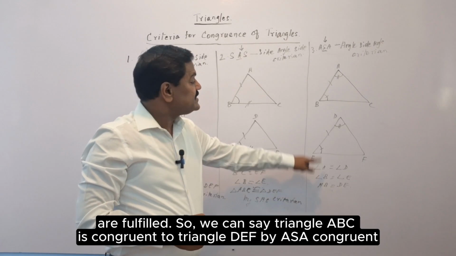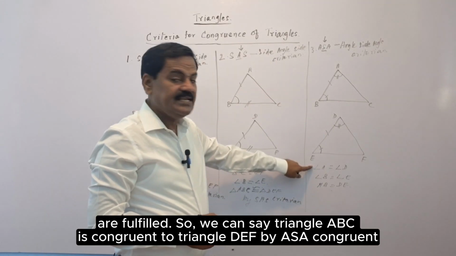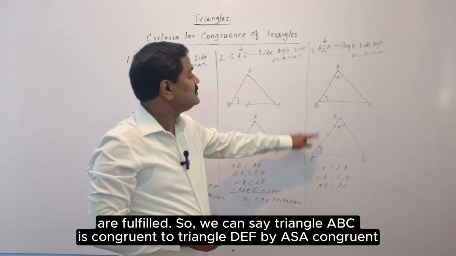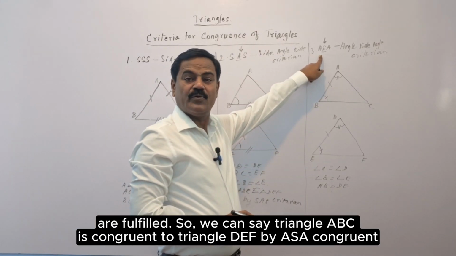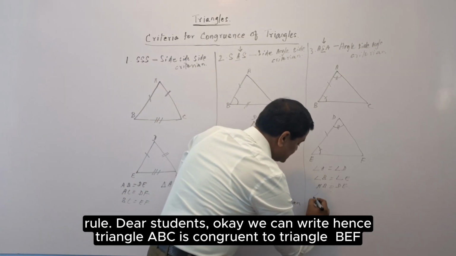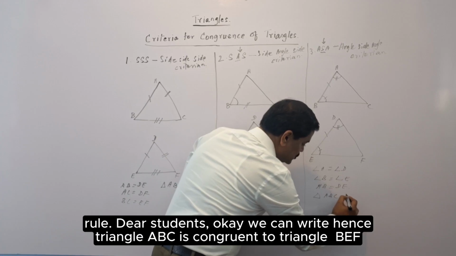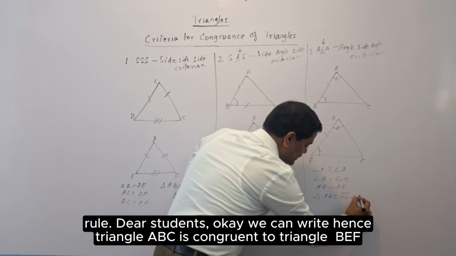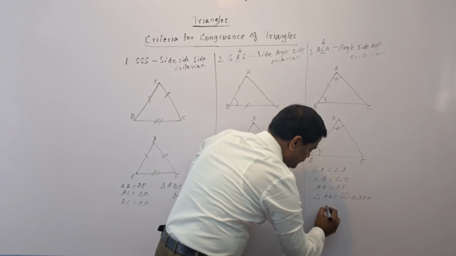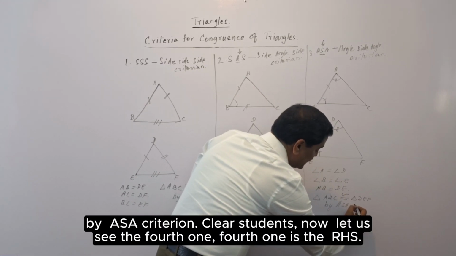So we can say triangle ABC is congruent to triangle DEF by ASA congruent rule. Clear, students? Hence triangle ABC is congruent to triangle DEF by ASA criterion.